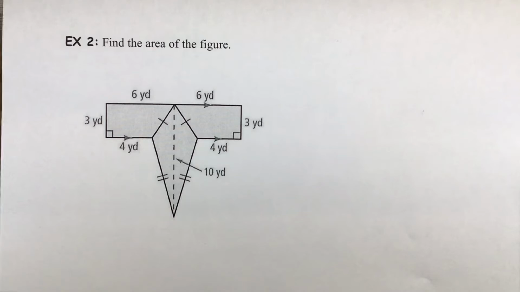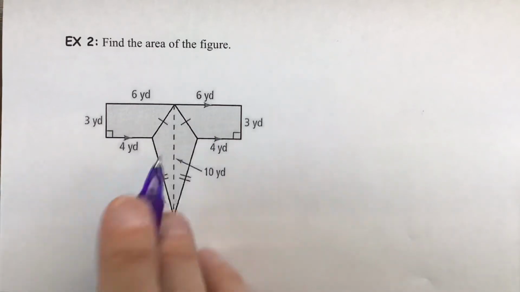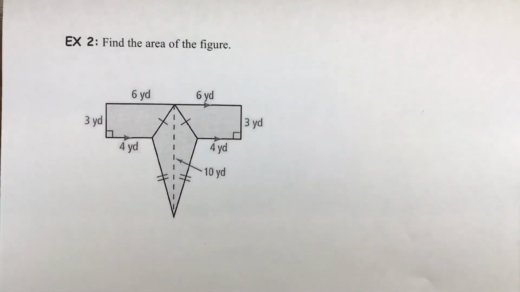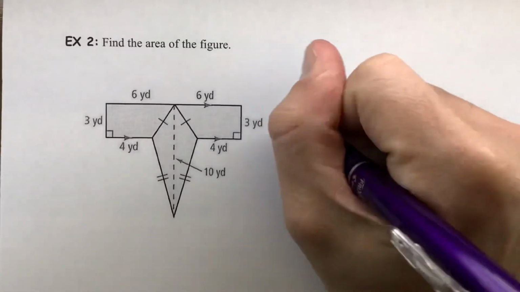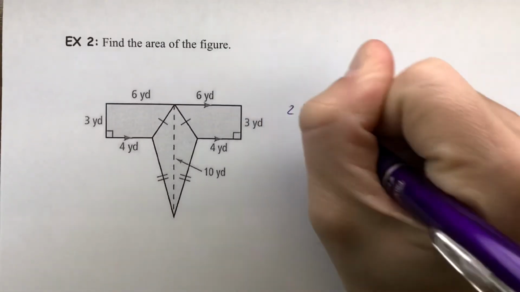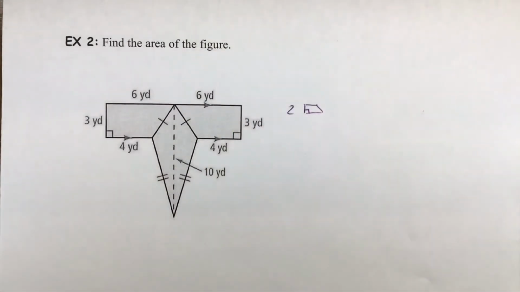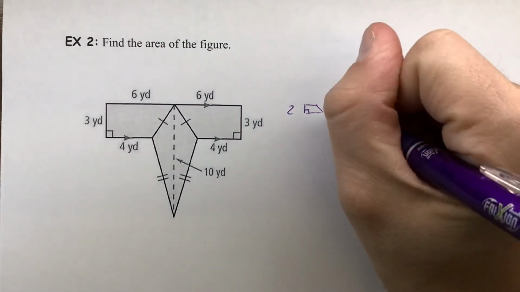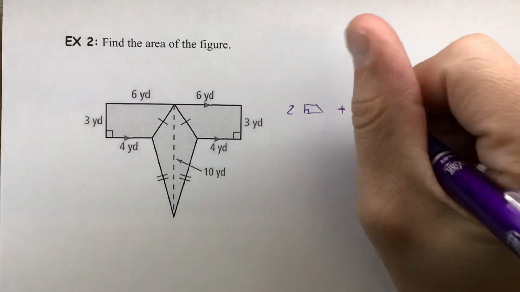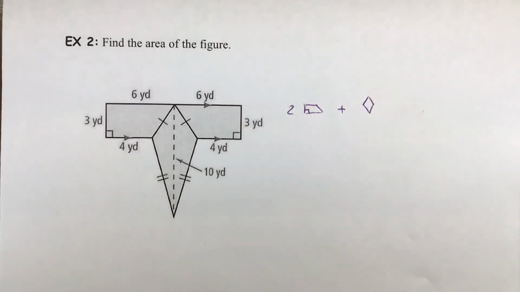Okay, so we can think of this as having two trapezoids, and sometimes I do these things called shape equations. Okay, so I've got two trapezoids, which sort of look like that because they're right trapezoids. So I'll go ahead and draw it that way. I've got two right trapezoids, and I'm going to need to add on the kite that would be in the middle.